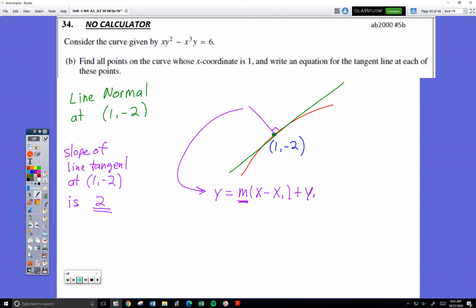That means the slope of the line normal at that same point, 1, -2, is going to be the negative reciprocal. So that will be 1/2 and then negated. That's the slope of the line normal. Question?